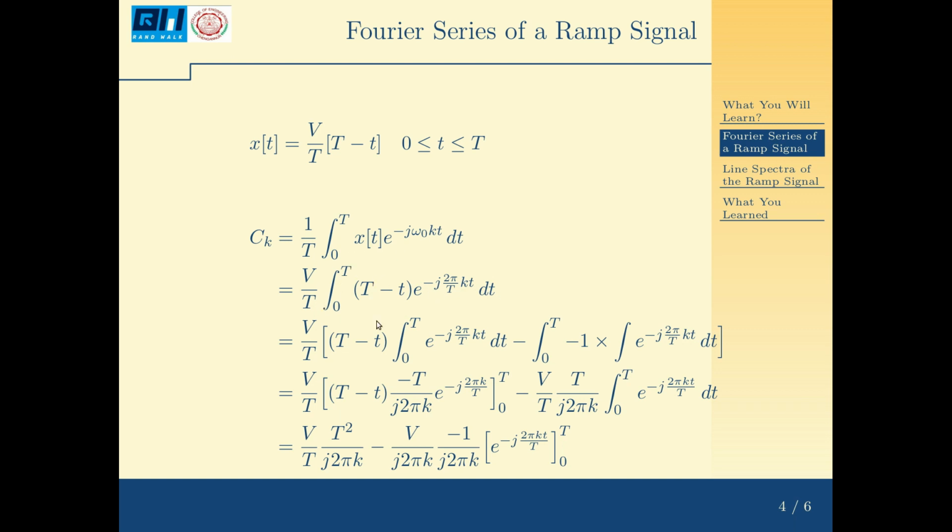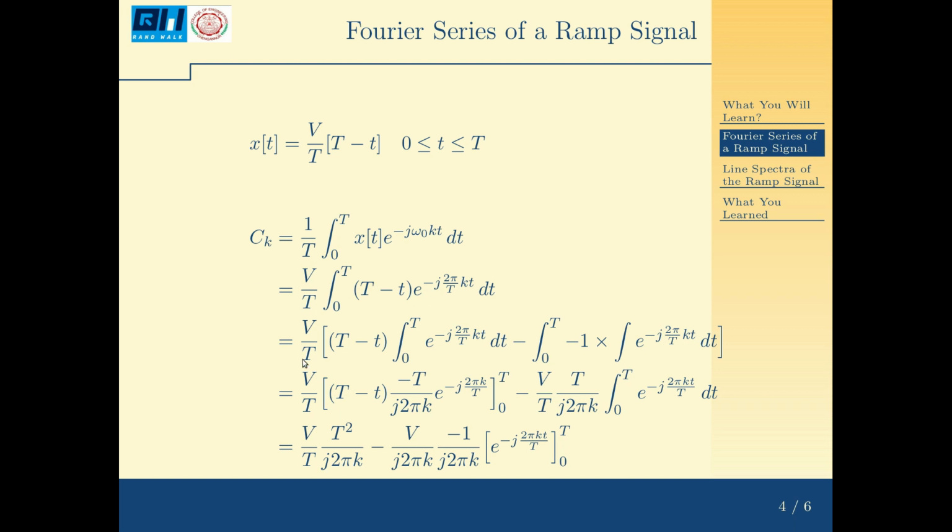Now this integral I can compute with integration by parts, which says that this integral will be the first function into integral of the second function, minus integral of derivative of the first function into integral of the second function. So here I will take the first function as capital T minus small t, and e raised to minus j 2 pi k t by capital T as the second function.